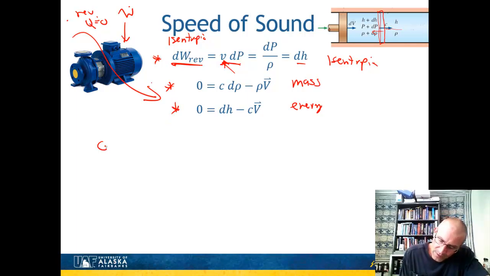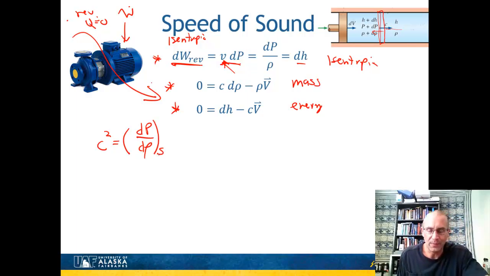And if we do that, we get an equation that says C squared is equal to dP d rho at constant entropy. Okay, so let's look at what this is. This is saying what's the change in pressure with density when I do an isentropic compression. And we can determine what this dP d rho term is.